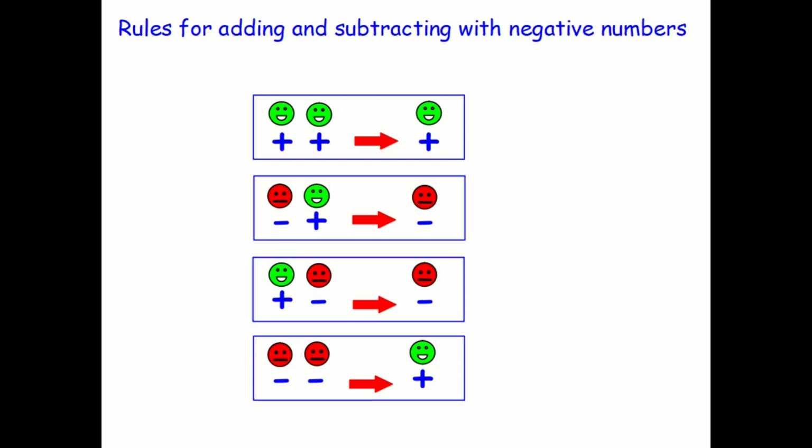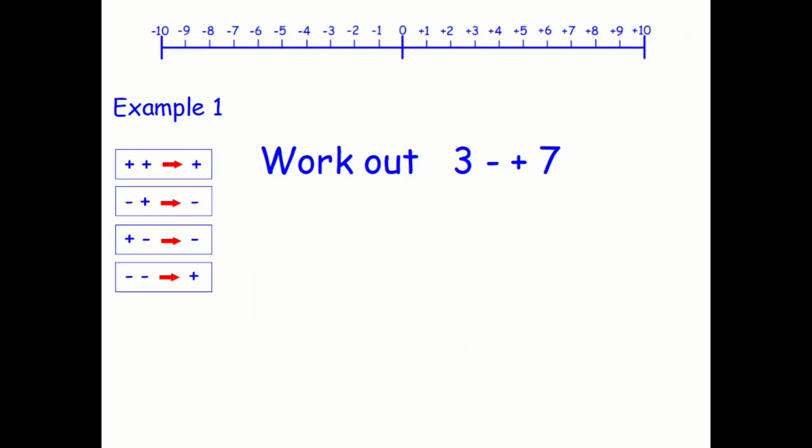Let's have a look at how these rules apply themselves in an example. So here it says work out 3 minus plus 7. Now these rules are for when these signs are right next door to each other. So here we've got a minus and a plus right next door to each other.